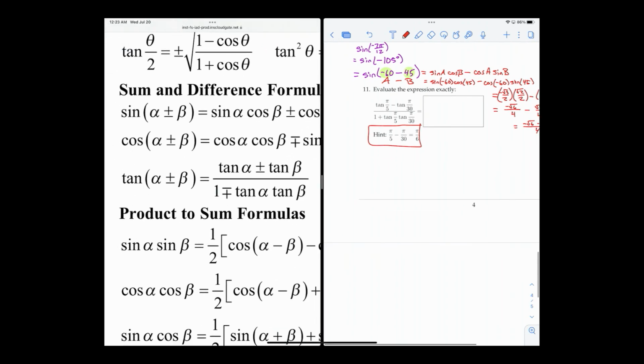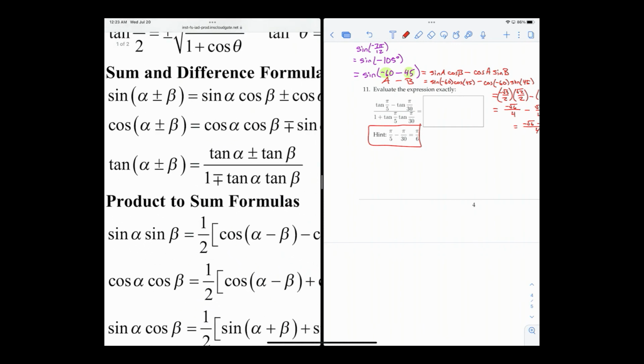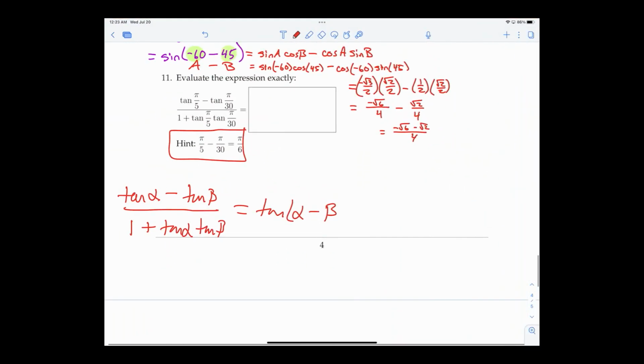Here I'll write it the other way around: tan alpha minus tan beta over 1 plus tan alpha tan beta equals tan of alpha minus beta. That's the formula that we're going to use just from the notes.